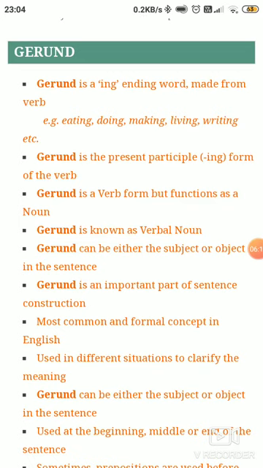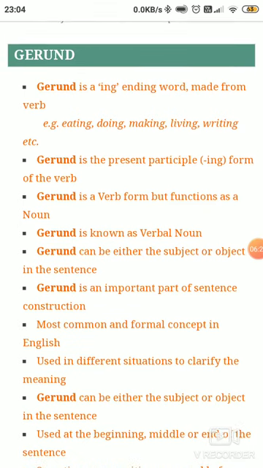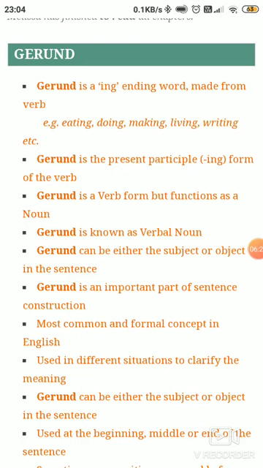Gerund can be either the subject or object in the sentence. Gerund is an important part of sentence construction. Most common and formal concept in English. Used in different situations to clarify the meaning.